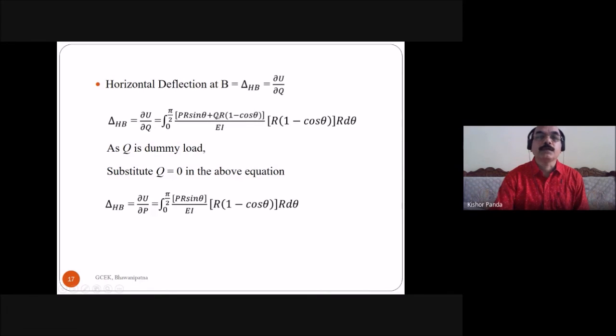Then you get delta is equal to del U by del Q, integration 0 to pi by 2, of PR sin theta by EI into R into 1 minus cos theta into R d theta. Then you take the integration of this expression, and you will get the horizontal deflection at B.